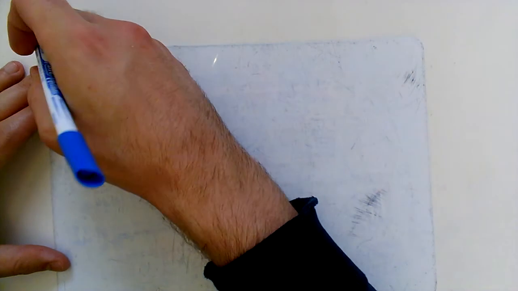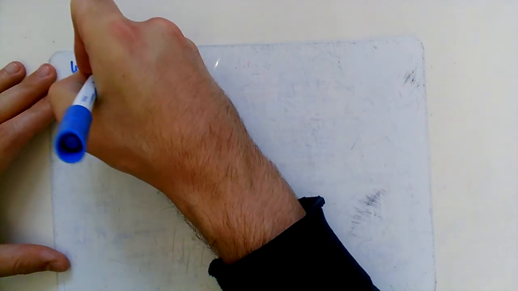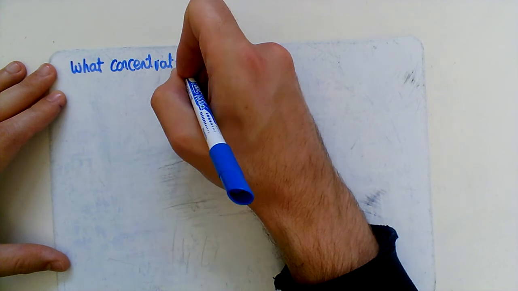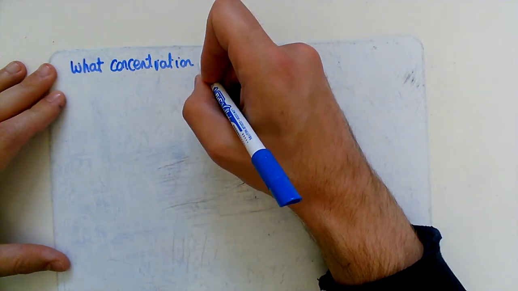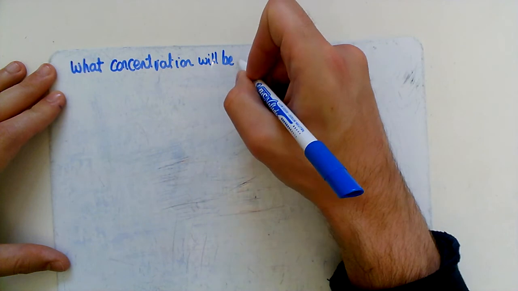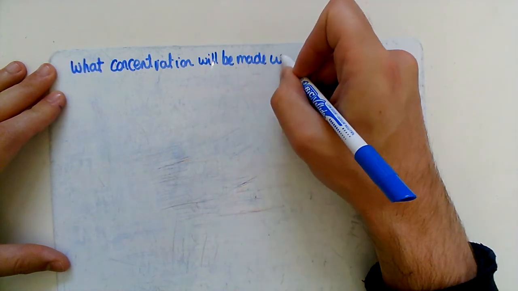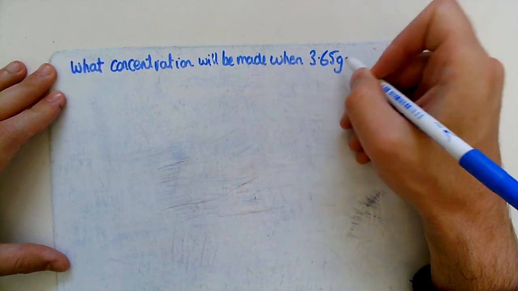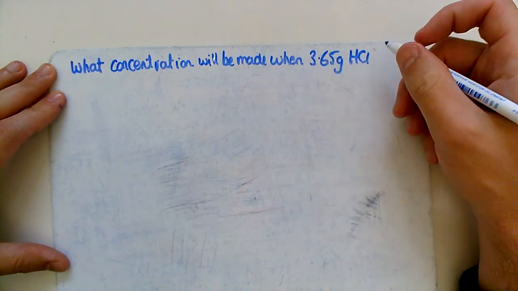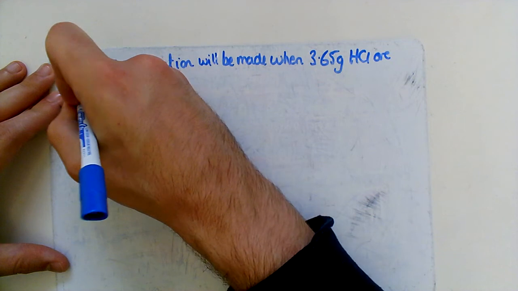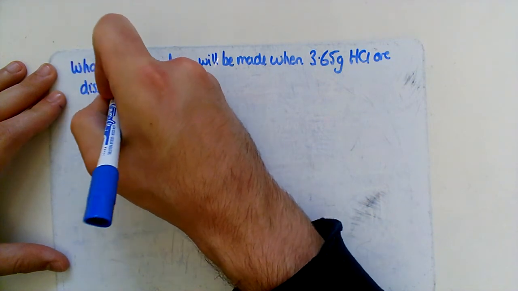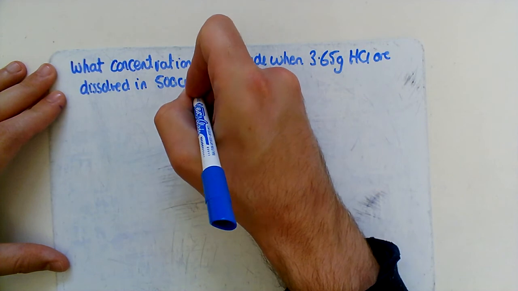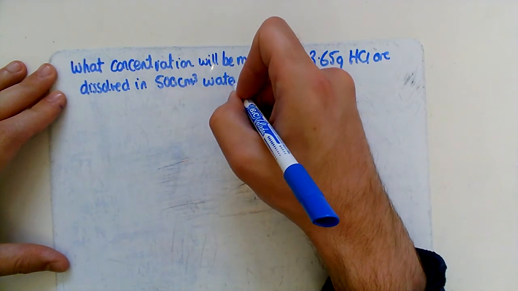So for example, what concentration will be made when 3.65 grams of HCl are dissolved in 500 centimeters cubed of water?